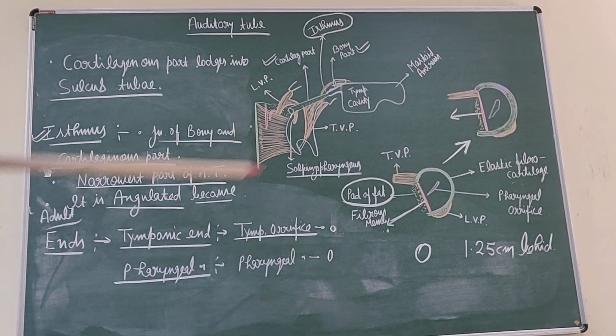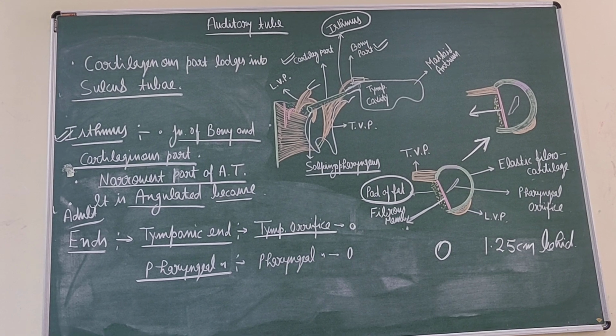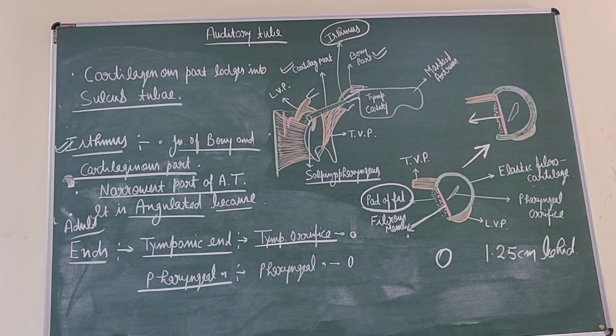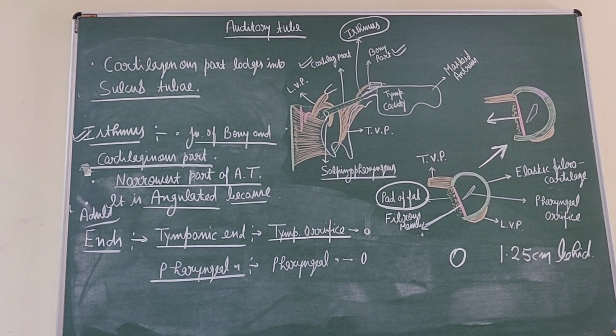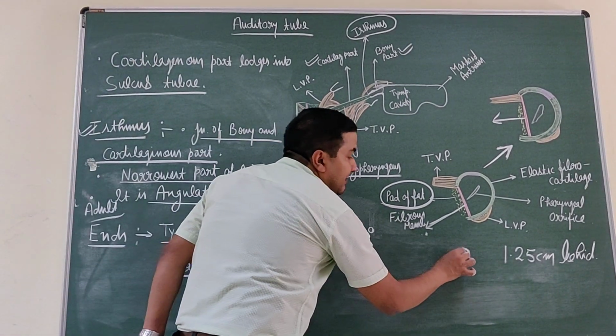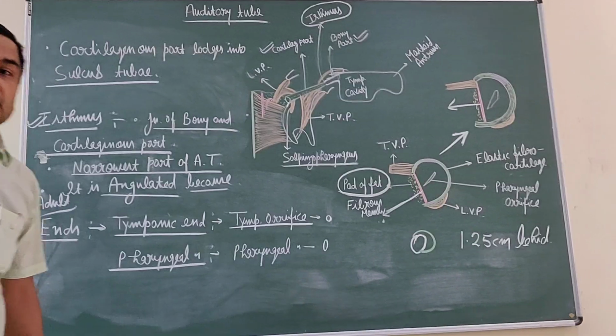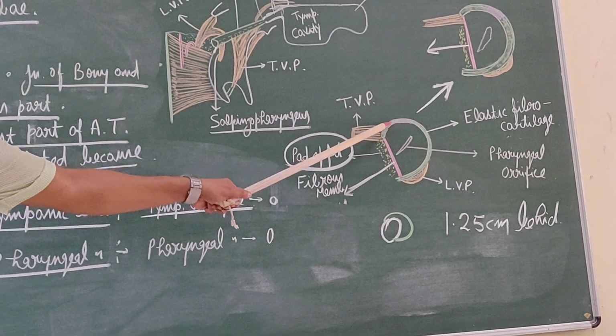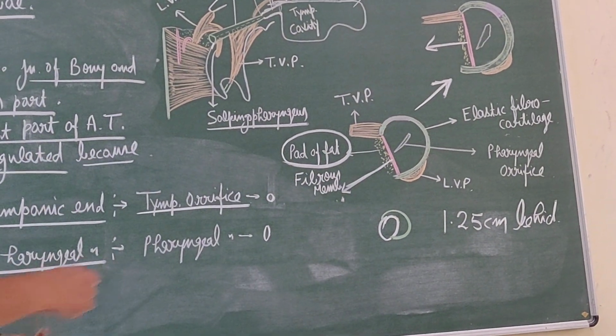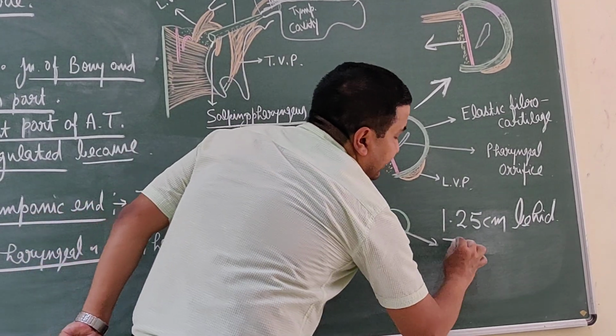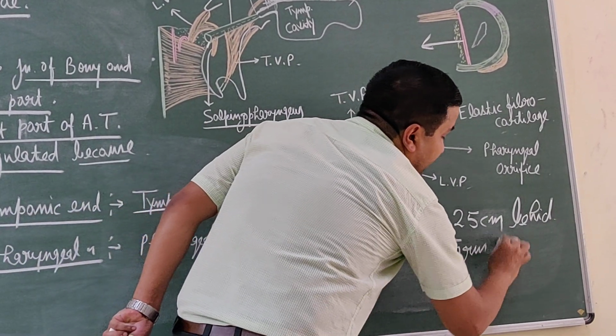We have learned in the nasopharynx there is the opening of the auditory tube, and at its posterior margin there is a bulging. This bulging is due to this cartilage that is known as the torus tubarius. Torus tubarius.